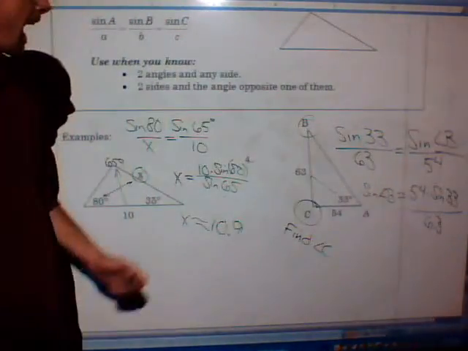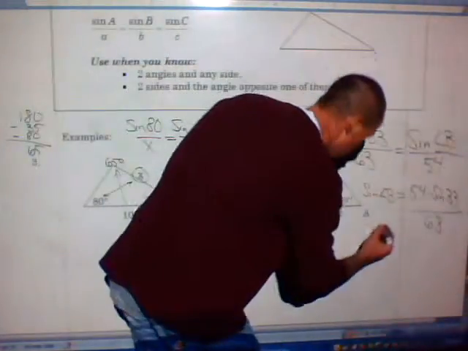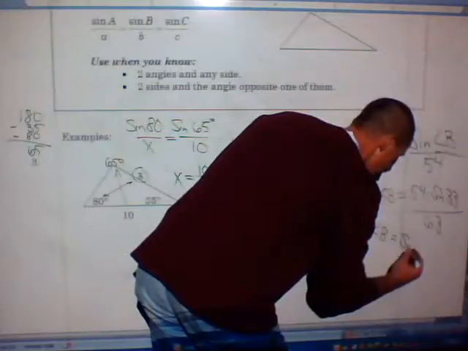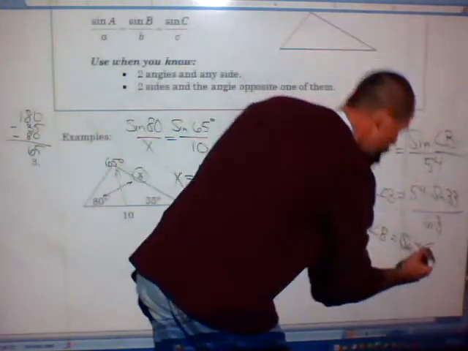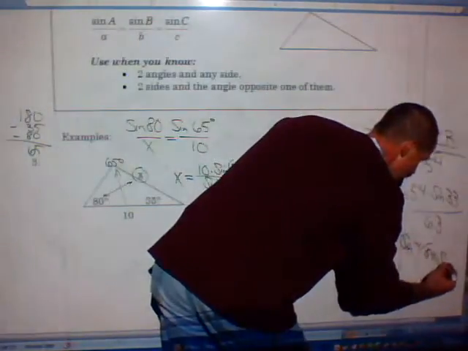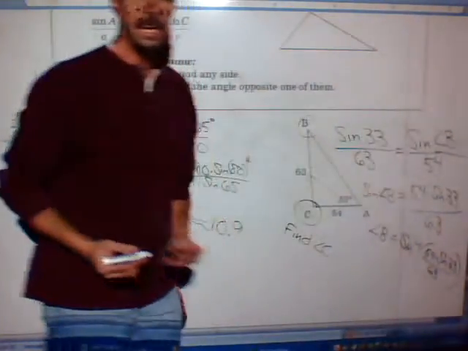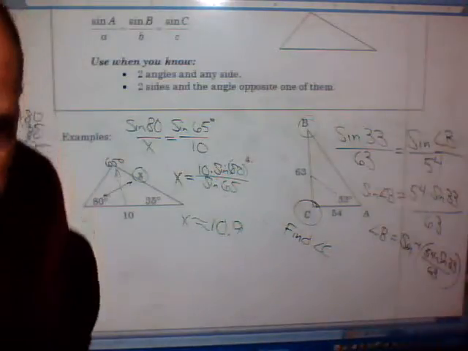And then how do you get angle B by itself? Angle B equals, to get sine to the other side, it's the inverse sine. So sine^-1 of 54 times sine of 33 divided by 63. And that's going to get plugged into your calculator like that.